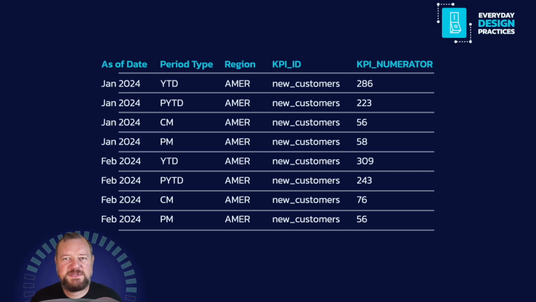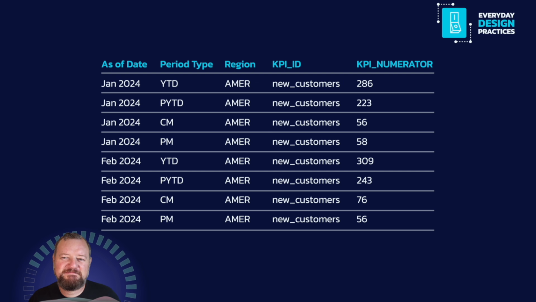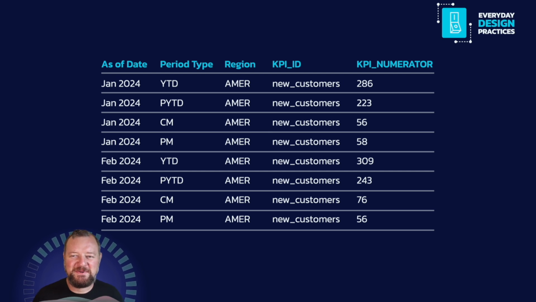Let's talk about another scenario that's also just a little bit difficult to deal with. There are some KPIs where it's very time sensitive, very time bound. And so we have to have some pre-aggregations for that as well.